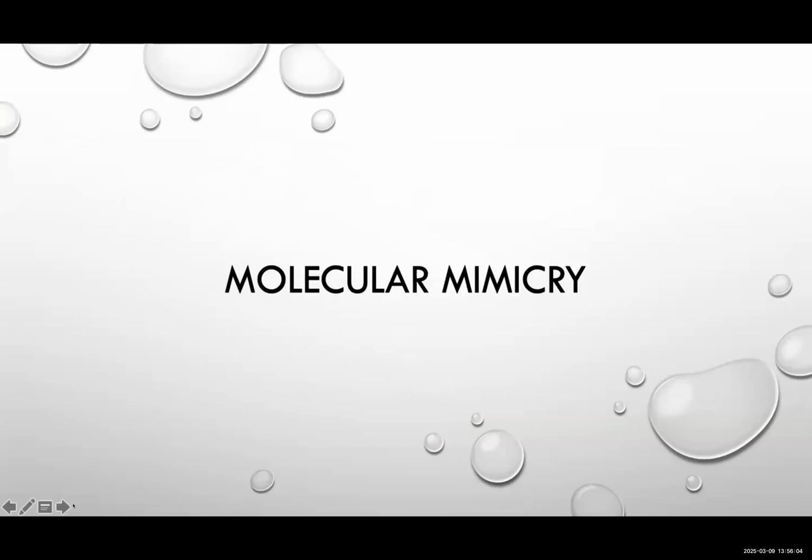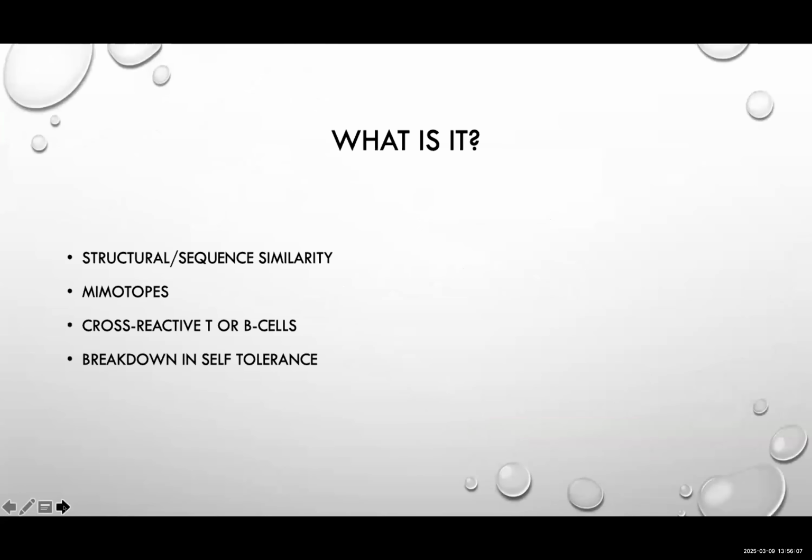Hello, I'm going to talk about molecular mimicry. Molecular mimicry is when there's a structural or sequence similarity between an exogenous peptide and a self-peptide, and that is called a mimotope.